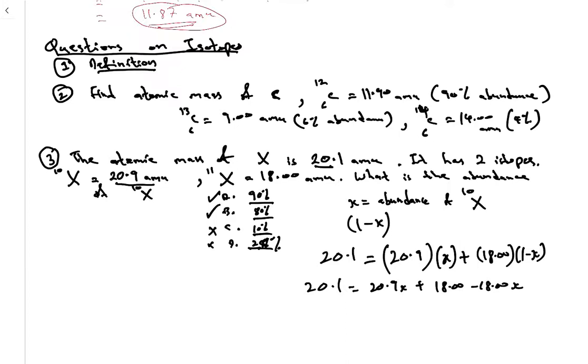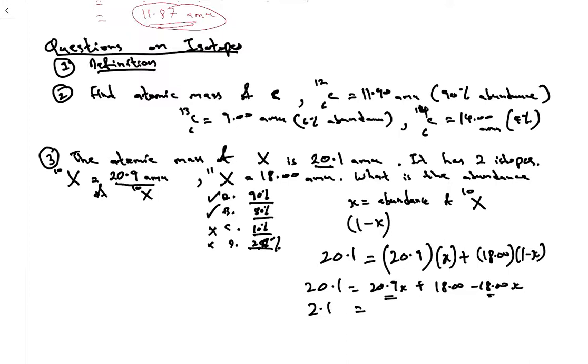Therefore, what you will get is 20.1 minus 18, 2.1, taking 18 away from both sides and then doing the math for the X's.